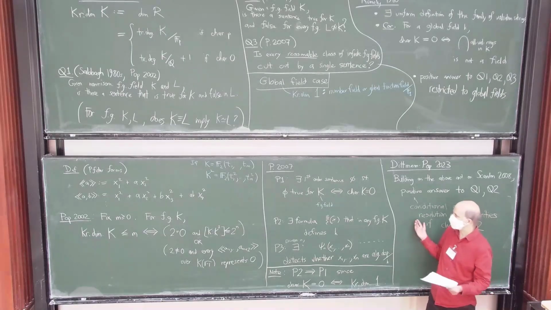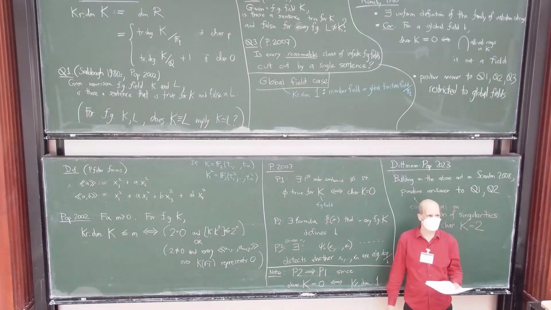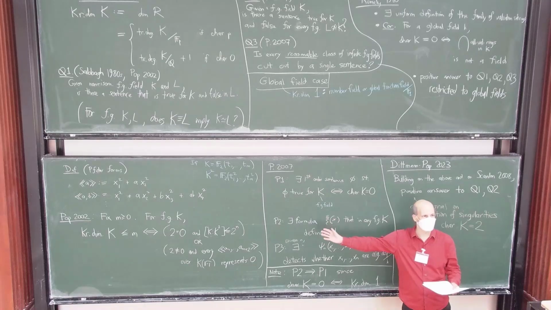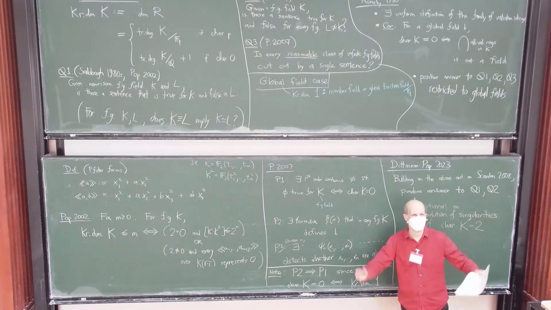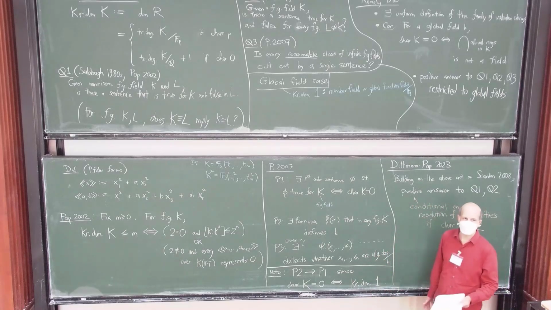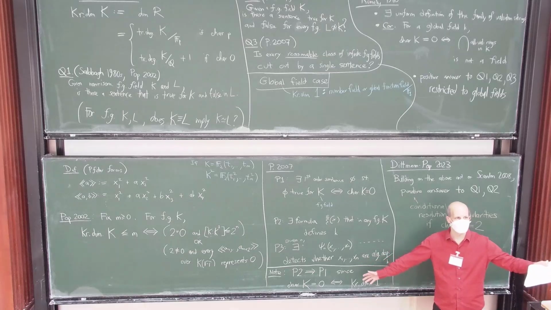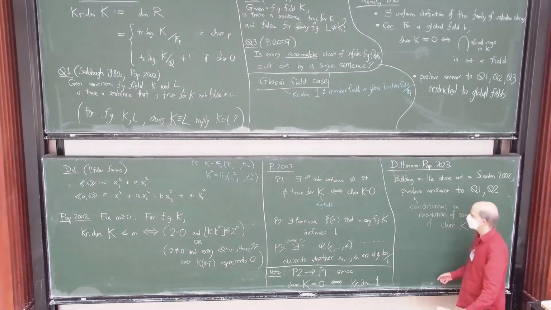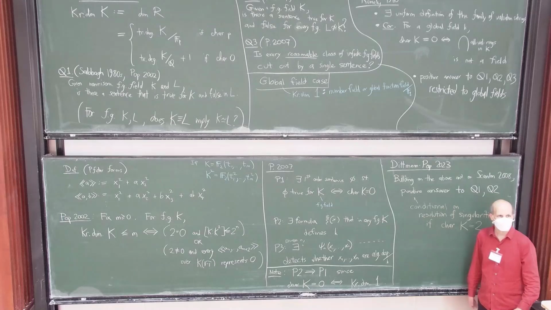I guess the proof uses things about quadratic forms, and it gets annoying in characteristic 2. Maybe that could be another project for this semester, to try to do this unconditionally, even in characteristic 2. But I don't know how feasible that would be.